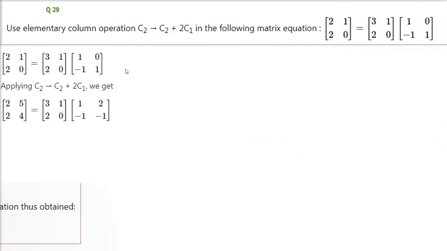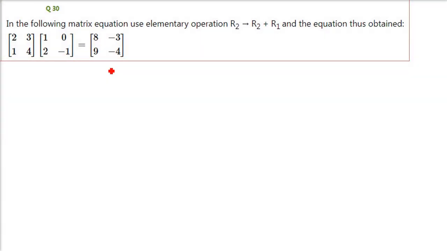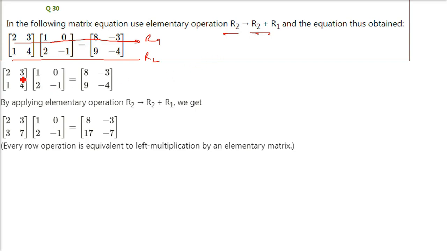Similarly here you have to do the same thing. Row 2 is row 2 plus row 1. So this whole is your row 1, and this whole is your row 2. But please remember, we are not going to change this I which I'm indicating.